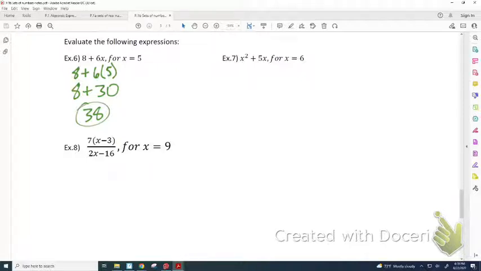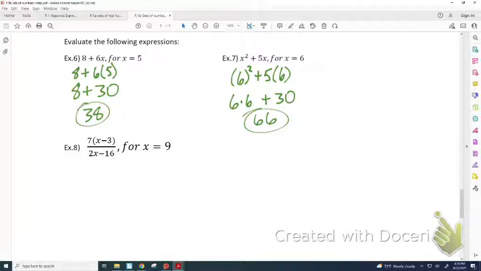All right, number 7, we're going to square a 6. And we get 36. Be careful, that's not 6 times 2. Let me back up. That's 6 times 6. So be careful with that. It's a common mistake to multiply times the exponent. And we get 66.